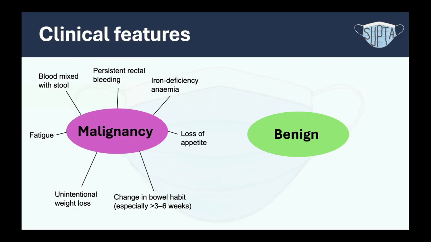We then have loss of appetite and fatigue. These are more non-specific symptoms, but still red flags. So already, Mr. Thompson is ticking several of these factors on the malignancy side, so it was quite concerning.